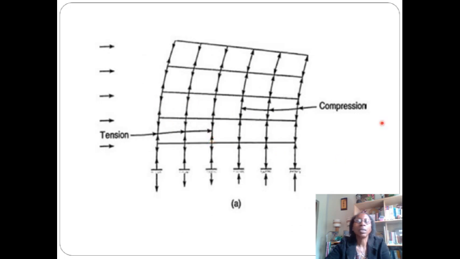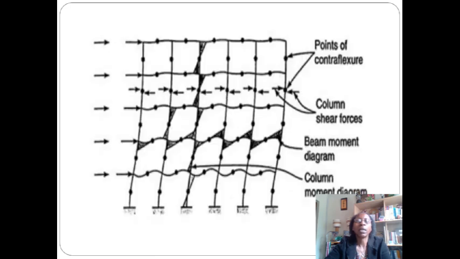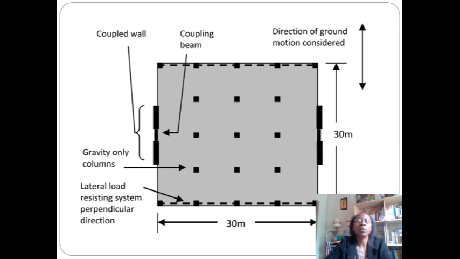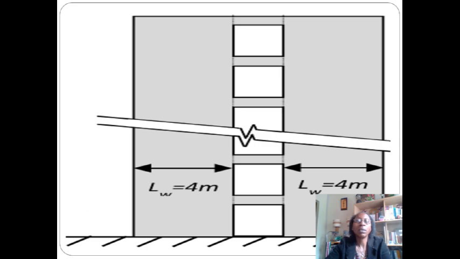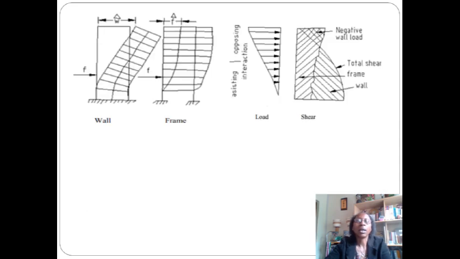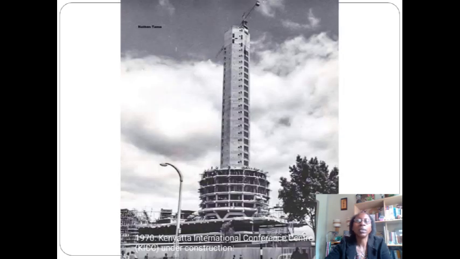How do the action, the response of the building, the frames itself as a whole, the moments as we know how they are developed, the effects, the positions of the important elements on the building, and how to identify the different behaviors depending on the loading.